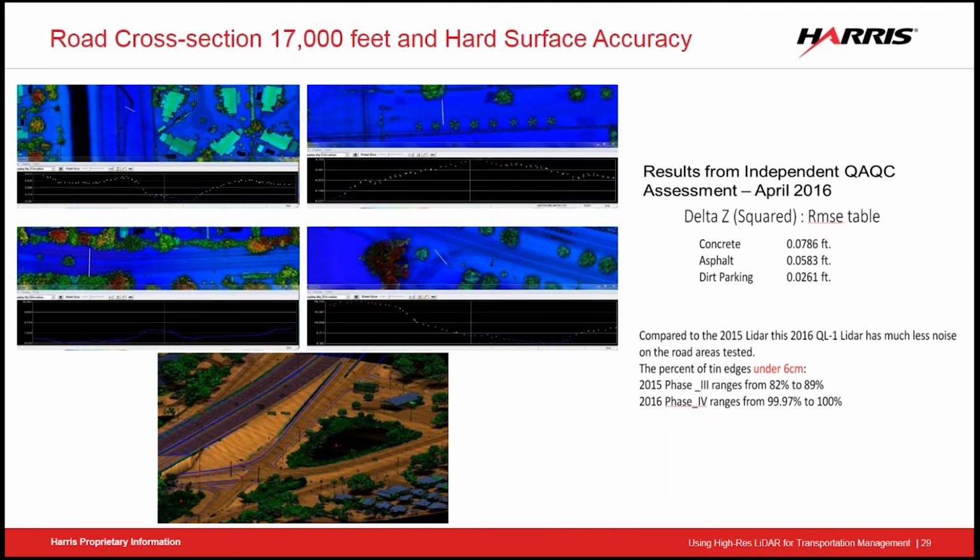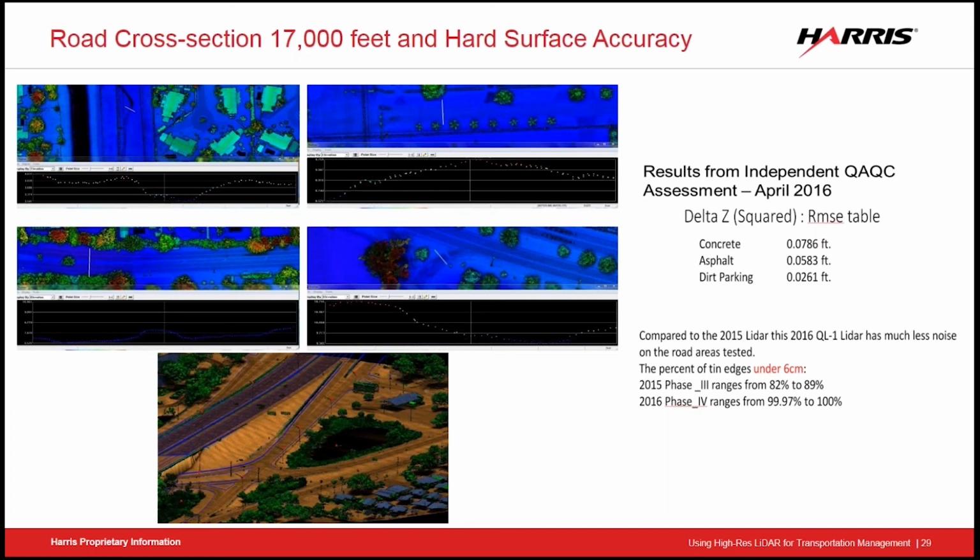This is not done for, or could be used for, pavement management, for example, but to give you an idea of some of the features on the road, and then that cross-section, you're able to do that, again, from a higher altitude. So what that means is you can collect more roads, more assets, more information with one collect.